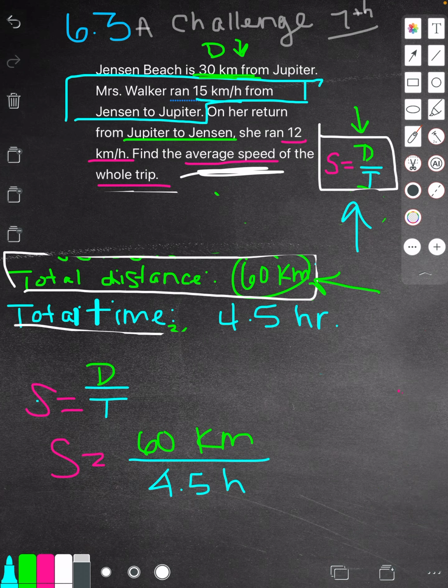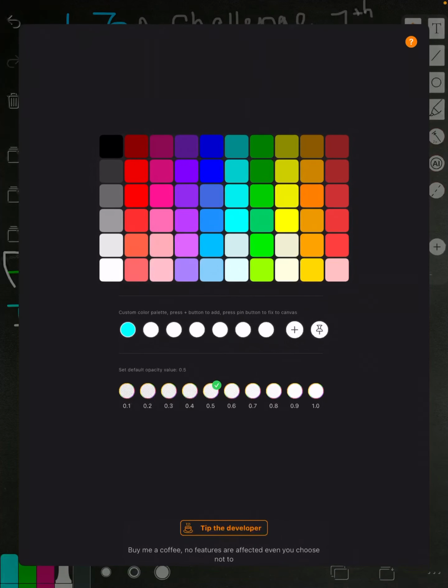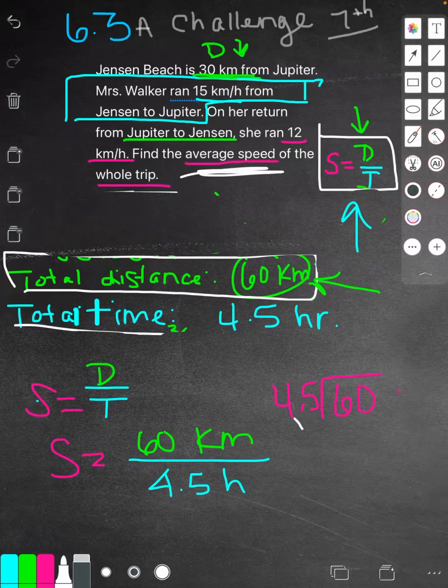When I set this up, I'm actually going to do it over here on the right. So we have 60 divided by 4.5. In order to do that, I have to move my decimal point right here. I'm going to move that over, which means I need to create a decimal and move it over also.